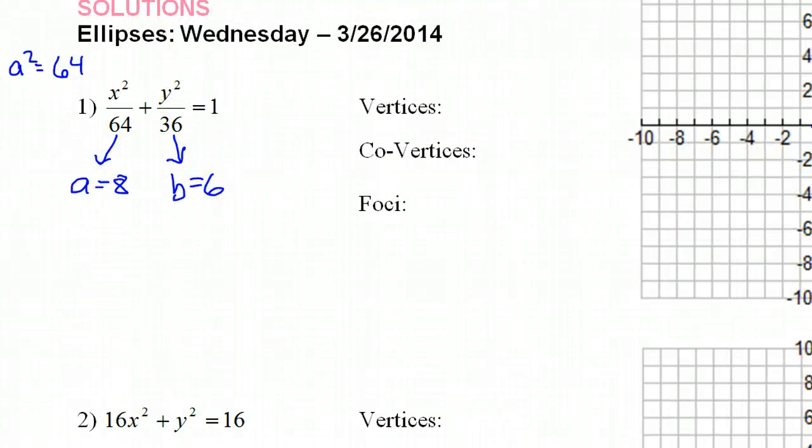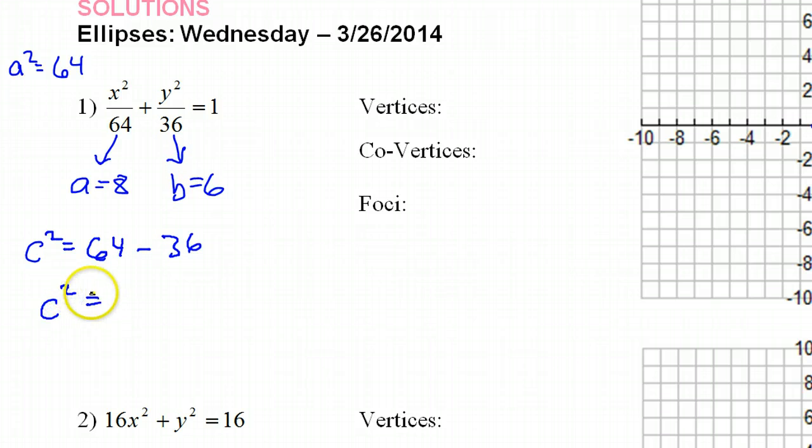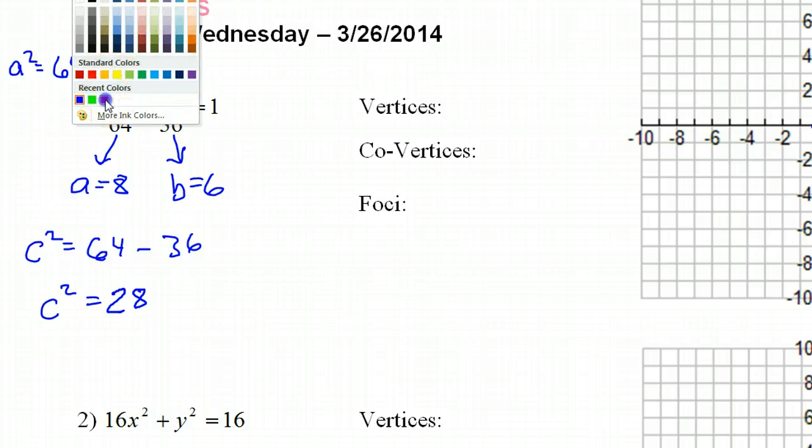In this case, C squared is going to equal A squared, which was 64, minus B squared, which is 36. So C squared is going to equal 28, and then of course we'll take the square root of both sides to get C.